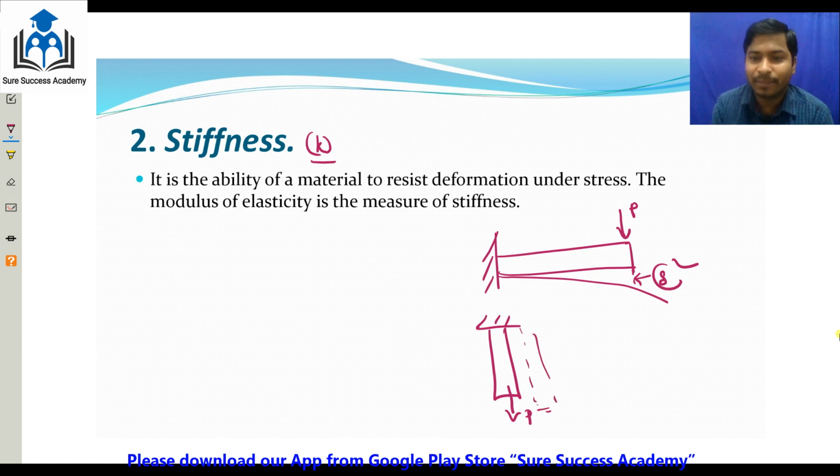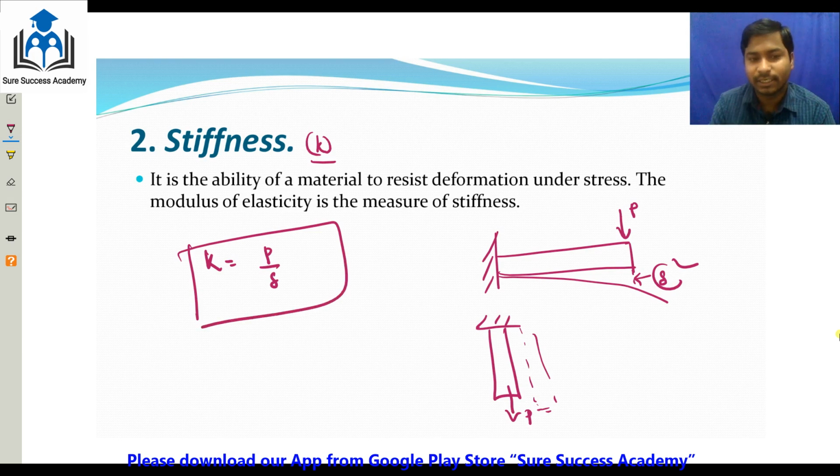So deformation under stresses: we can also define stiffness as load per unit deflection. Stiffness K is the ratio of load to deflection. That is called stiffness.